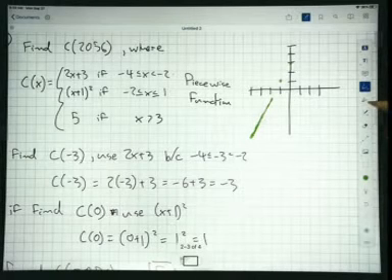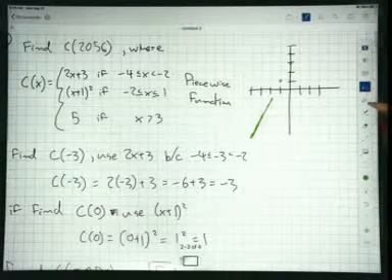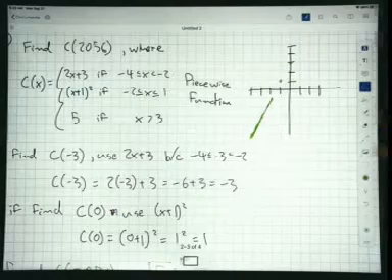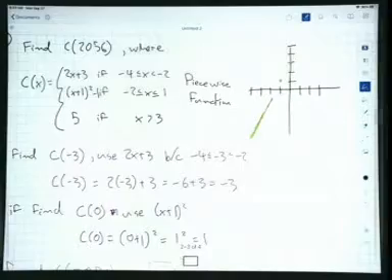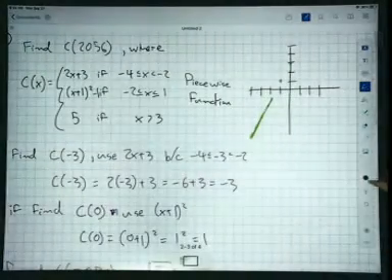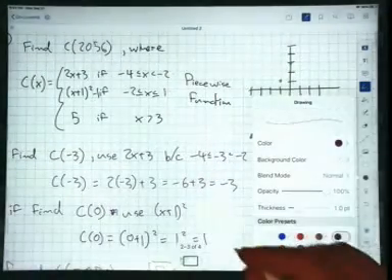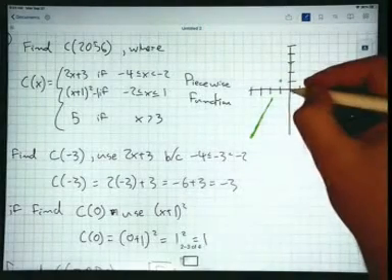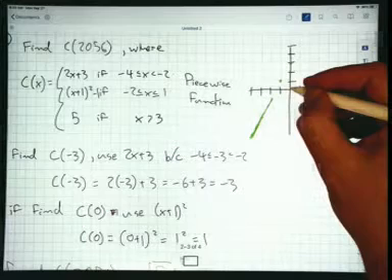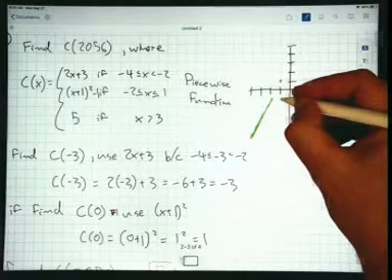Oh, in the function there is a -1 right there. Now we haven't talked about graphing quadratic functions yet, but I can tell you that the graph of this is going to go down 1 over 1.